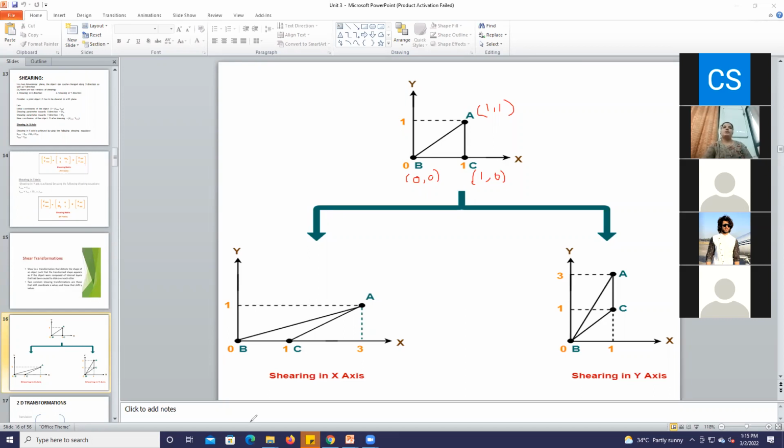Now, if I want to get the shearing in x-axis, can you tell me the T matrix if the shear factor along x-axis is 2? The shear factor along x is equal to 2.